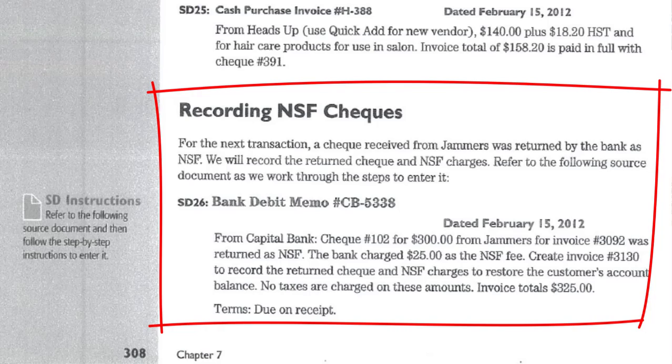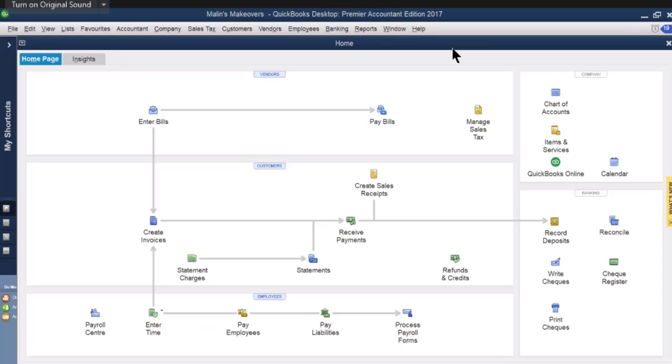Whenever you receive an NSF check, you already recorded it in the system. Now we are going to reverse the check and send the invoice to Jammers again. That is the transaction you are going to do. In some software we have to reverse it. In this software, we don't have to reverse.